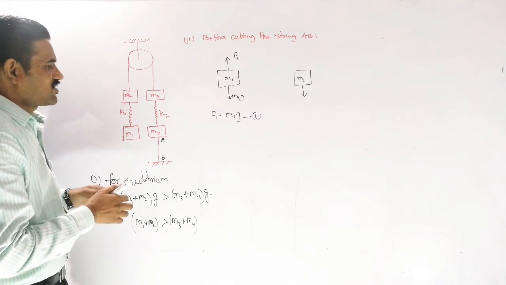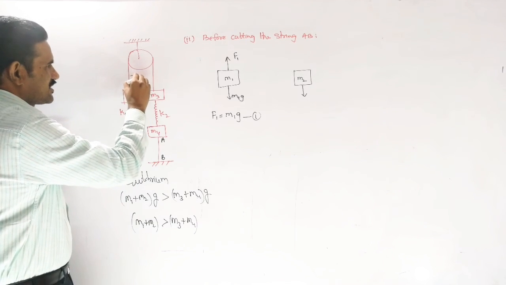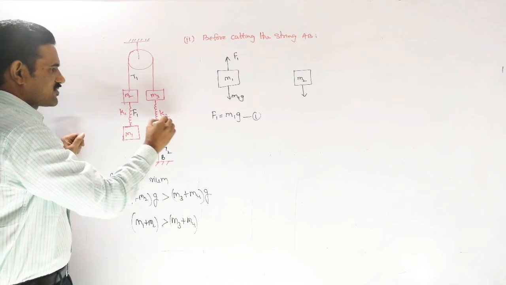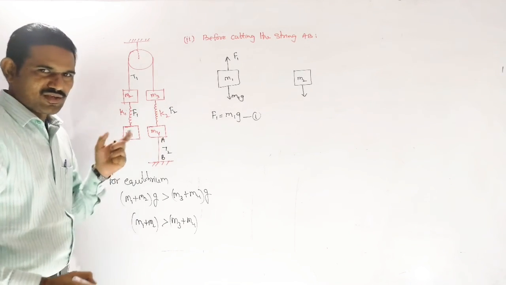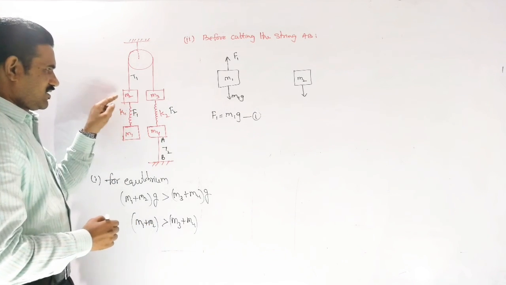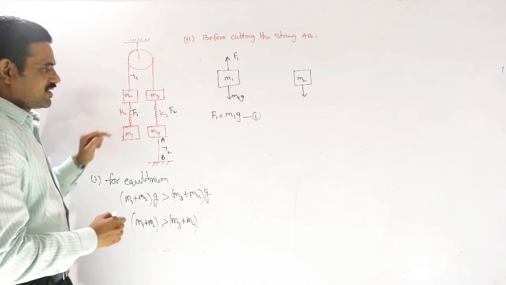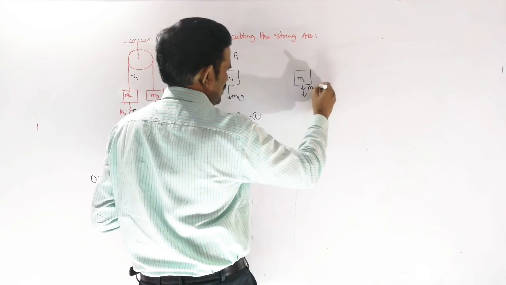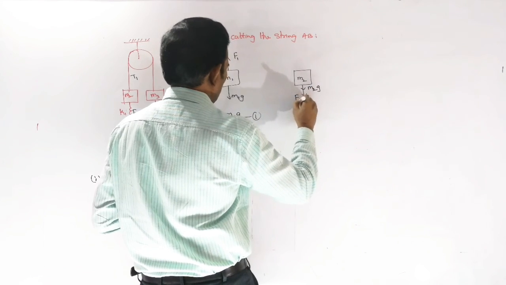Some tension will be there here. Let us take this tension as T1 and this other tension as T2, and the spring forces as F1 and F2. Weight plus this spring force will be in the downward direction, so this is M2G plus F1.